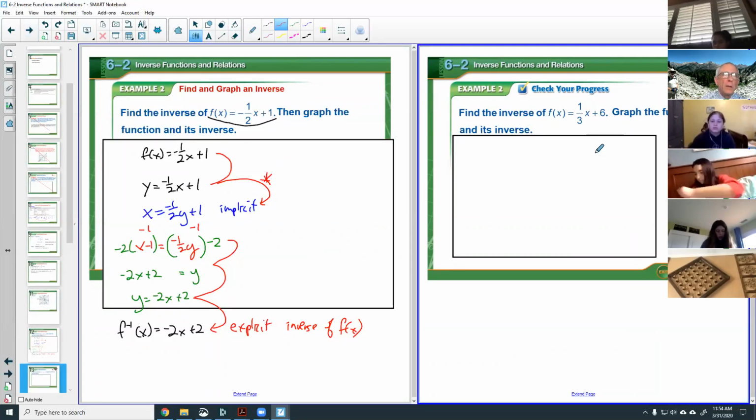And if you're ready, find the inverse of this function right here. Don't bother graphing it yet. We'll talk about that later. So find the inverse of this function. And you've got the steps right over here. That's great. That'll help you.